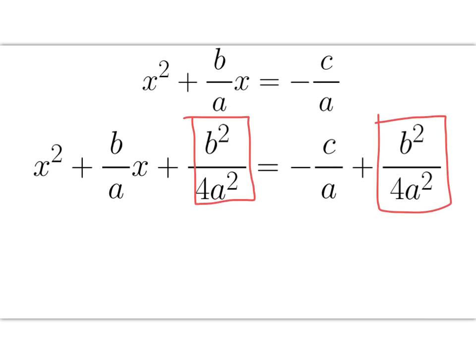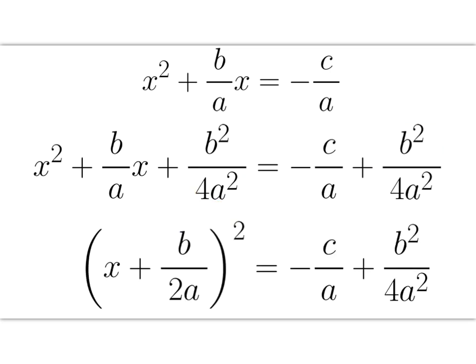So what is so special about this quadratic that we have over on the left-hand side now? What's so special about x squared plus b over a times x plus b squared over 4a squared? Well, the magic is that this factors. And not only does it factor, but the two binomials are the same.